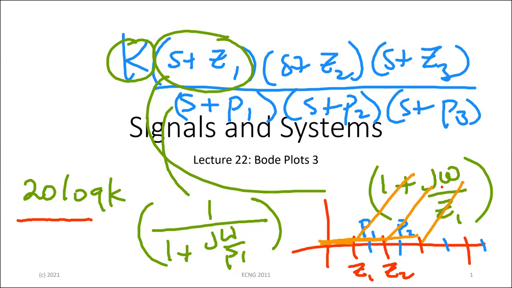And then all of the poles are going to go to their particular frequency and decrease at 20. And you add up all the lines.